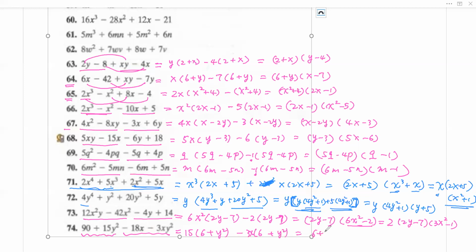So 6 plus y squared is their greatest common group factor, and the rest is 15 minus 3x. 15 minus 3x can be further factored. We take 3 out, right? 3. And the rest is 5 minus x, right? We further factor.